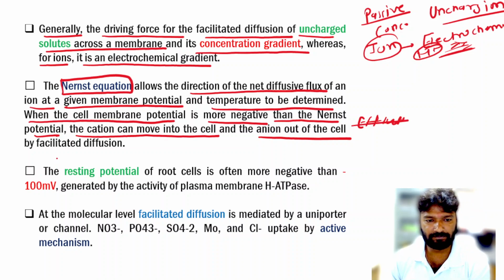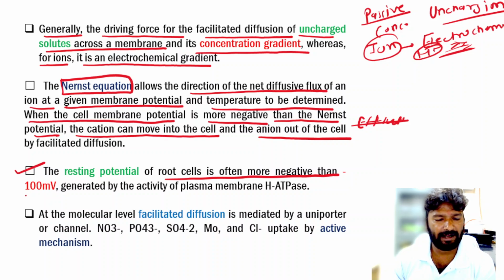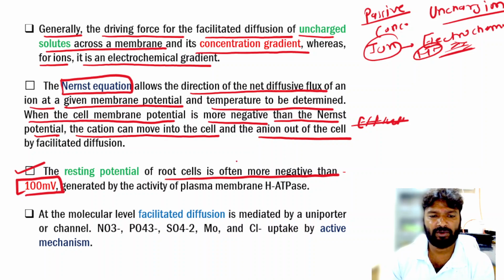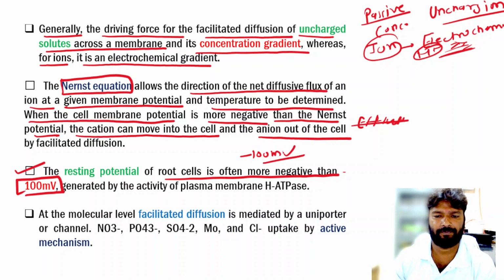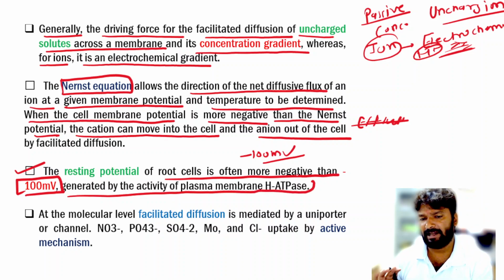Okay. So the resting potential of root cells is often more negative than 100 millivolt. Okay. So sometime in the MCQ it can be asked that what is the resting potential of these root cells. So it is minus 100 millivolt. Okay. That is mainly generated by the activity of plasma membrane H plus ATPase.